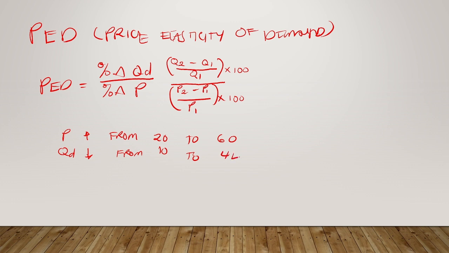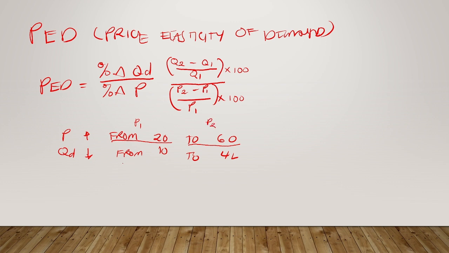So, remember, the first price, 20, will be our P1, and 60 will be our P2.